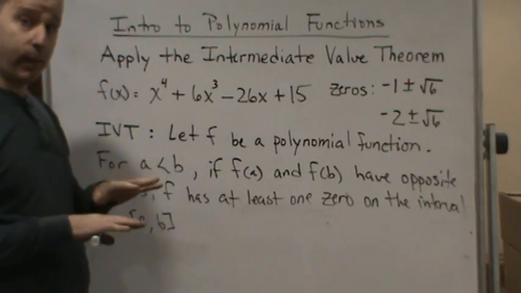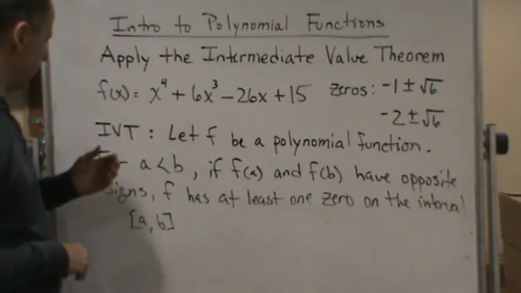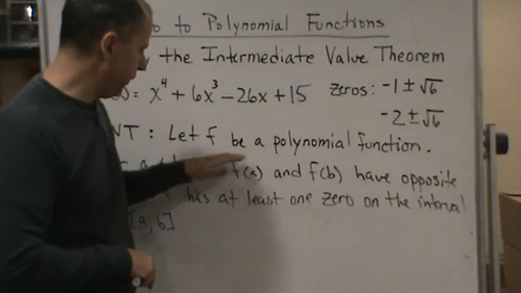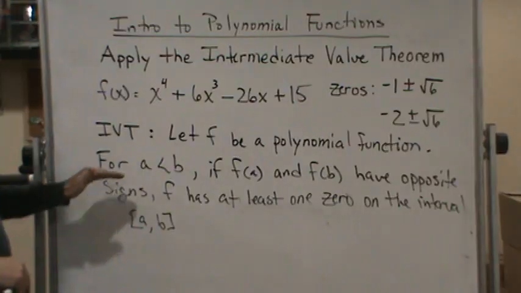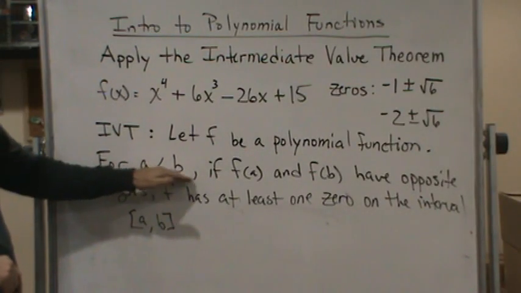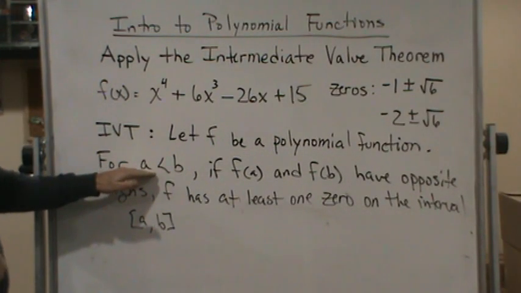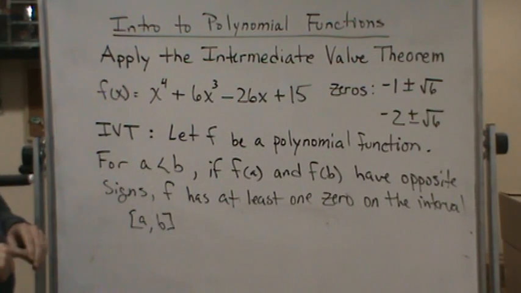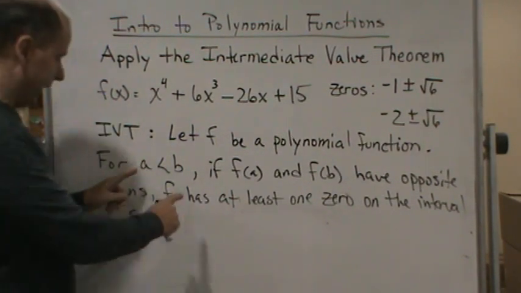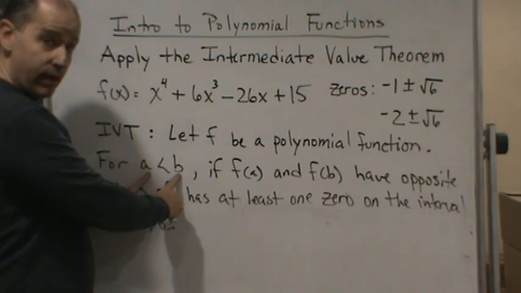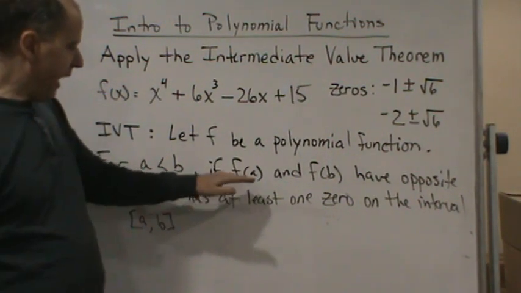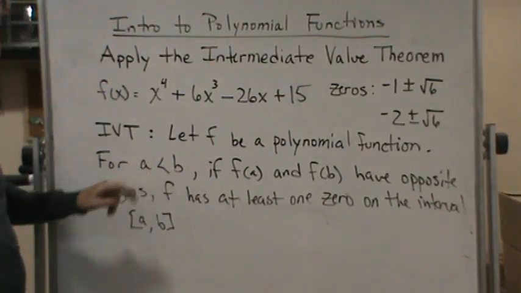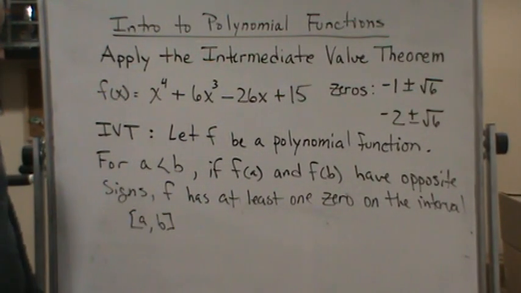So again, let f be a polynomial function, and we're given two values A and B on the x-axis where A is less than B. We're given some interval, and these are the endpoints of the interval. If f of A and f of B have opposite signs, which means we're testing the endpoints of the interval.